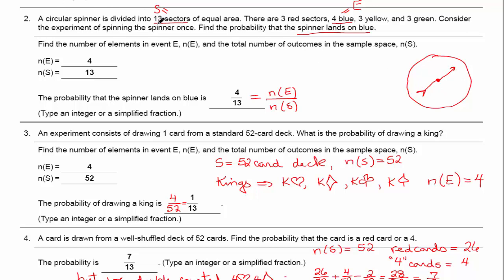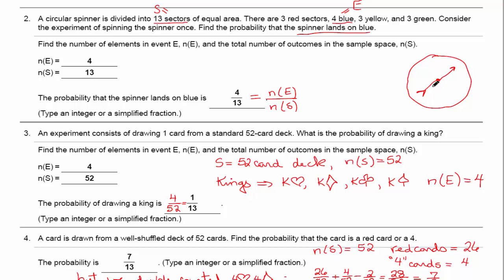Now this circle is divided into 13 sectors of equal area. So that's your sample space, the 13 sectors. Now there are 3 red, 4 blue, 3 yellow, and 3 green. And so the question is, what's the probability that I hit the spinner and it lands on blue?